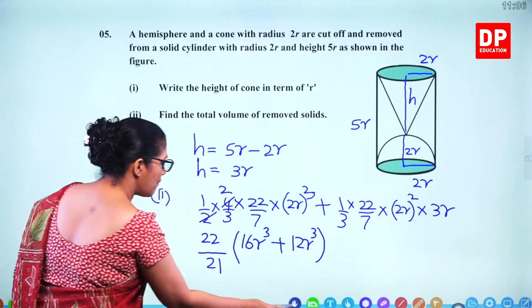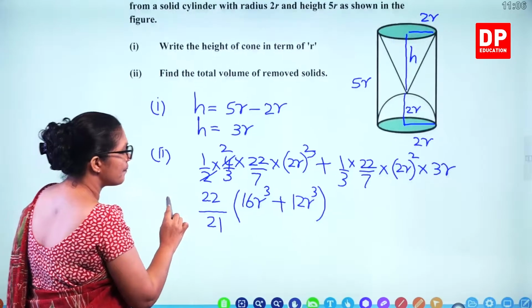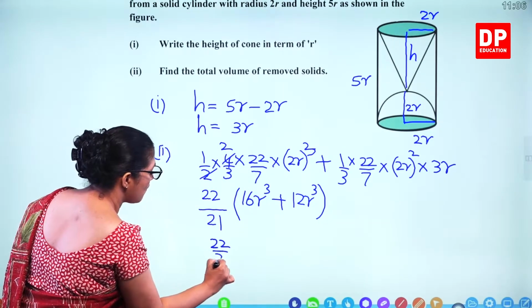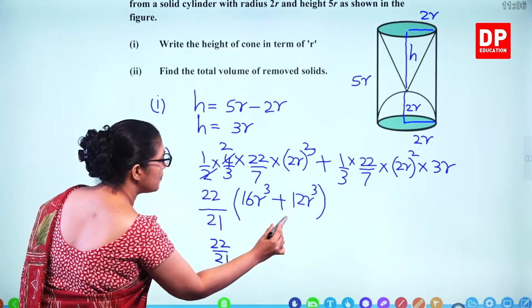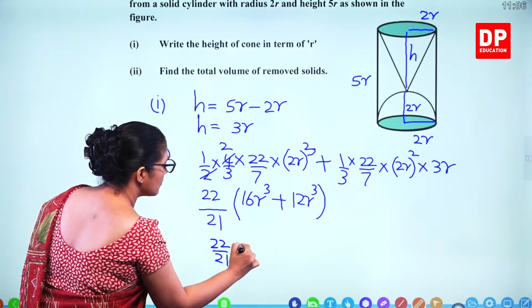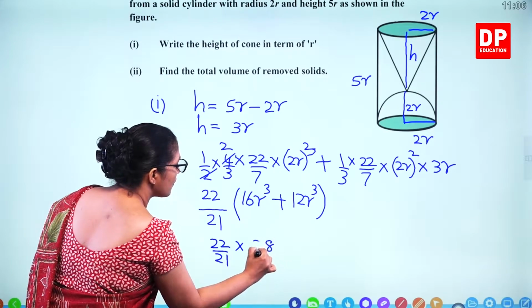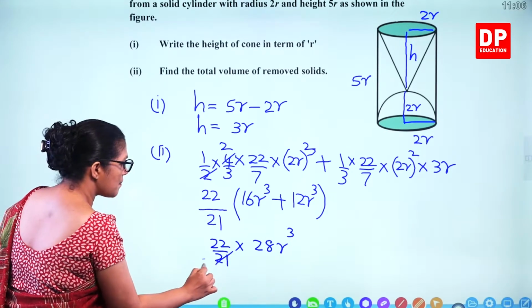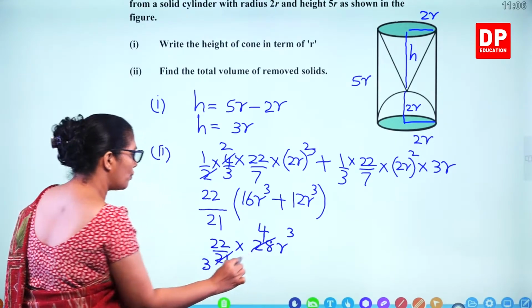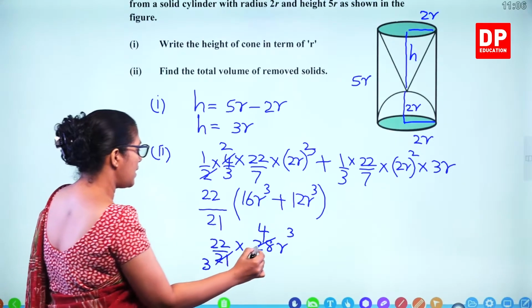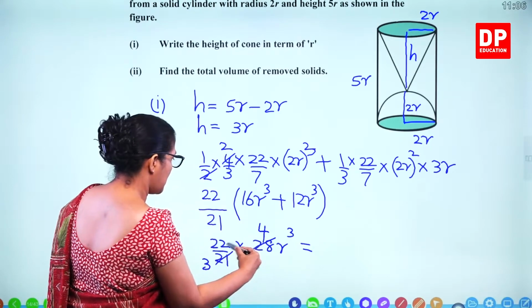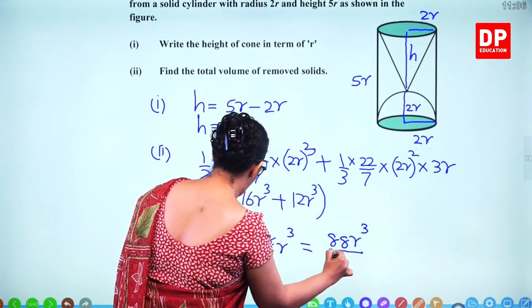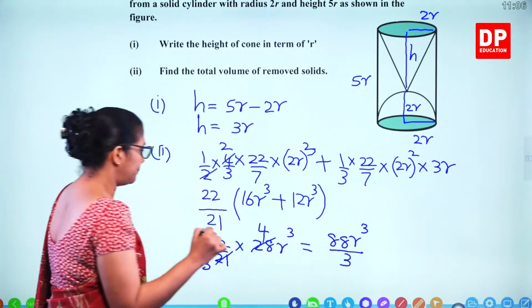So when you simplify, 22 over 21, 16 plus 12, 28r cube. 7 times 3, 7 times 4. So finally you get 88 r cube over 3.